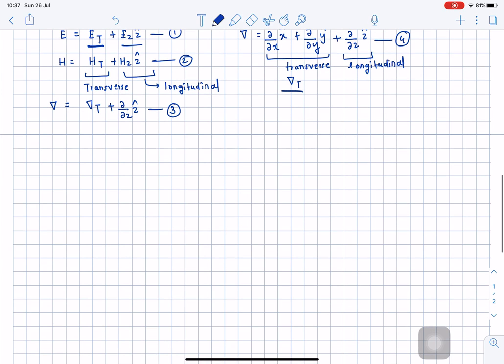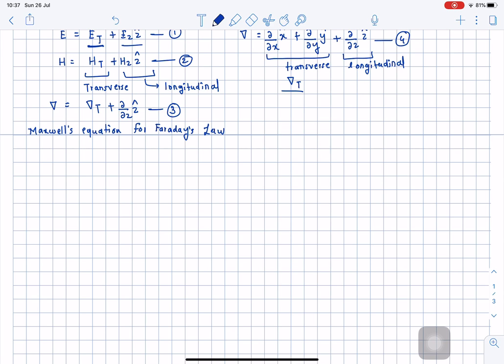So we recall a Maxwell equation. What is the Maxwell equation for Faraday's law of electromagnetic induction? How is it written?